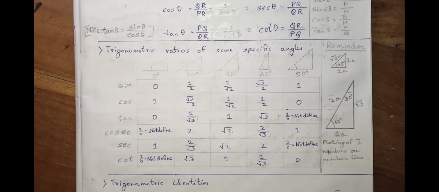That will be helpful for you in this situation, because the values are figured out in this manner. The triangles which were made while plotting irrational numbers on the number line have significance in the field of trigonometry.